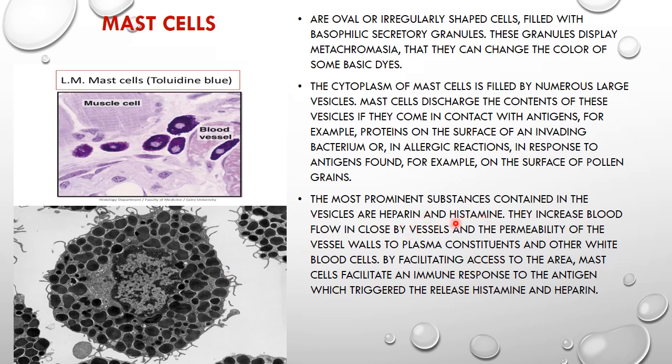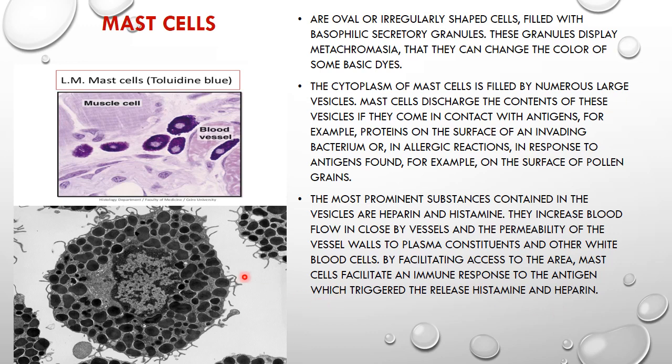So they play an important role in allergic reactions. They increase the blood flow in the nearby vessels, and the permeability of the vessel wall to plasma constituents and other white blood cells, by facilitating access to the area. So mast cells facilitate an immune response to the antigens which trigger the release of histamine and heparin.